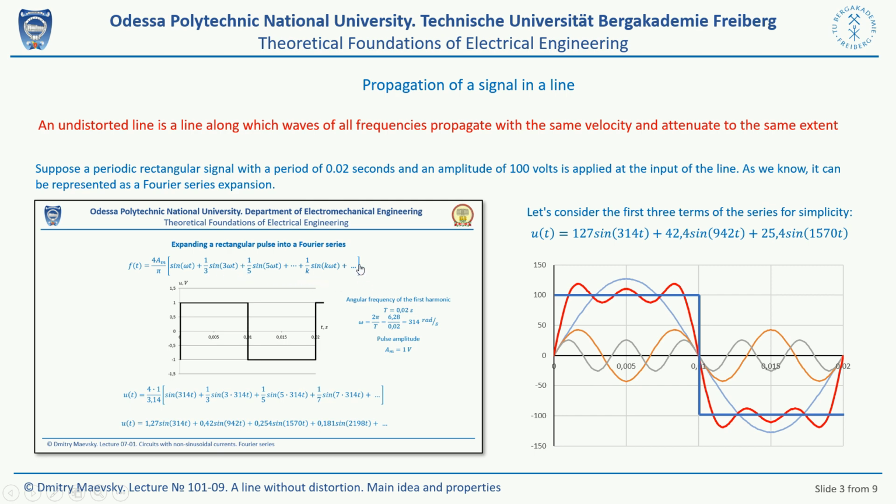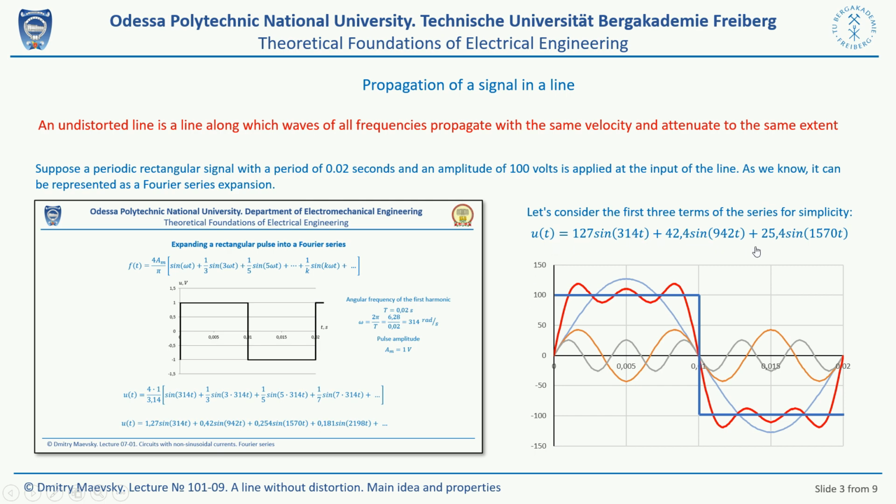As we can see from this formula, the Fourier series expansion consists only of odd harmonics. Let's limit ourselves to the first three harmonics of the Fourier series, the first, third, and fifth voltage harmonics. This formula is shown here.